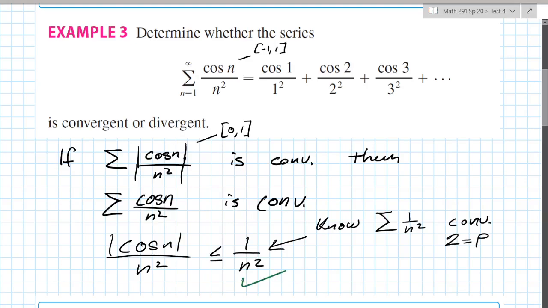This one converges. It's larger than that one, which converges. Therefore, the one without the absolute value converges as well, and we have answered the question. So this converges because the absolute value of it converged, which we compared with a convergent p series.